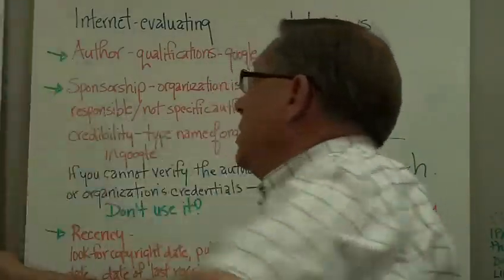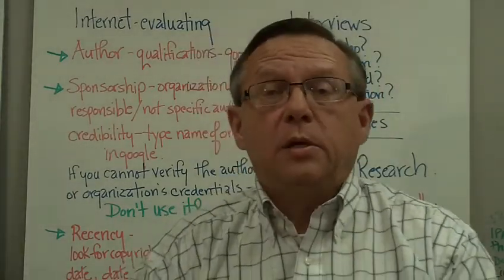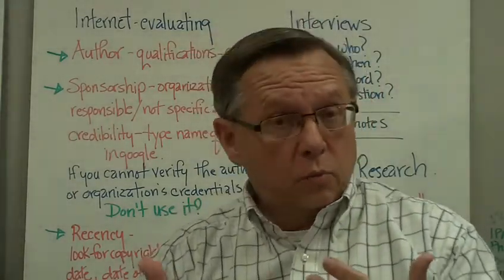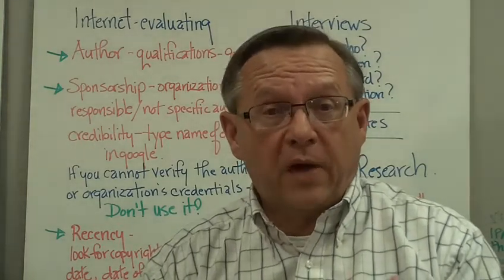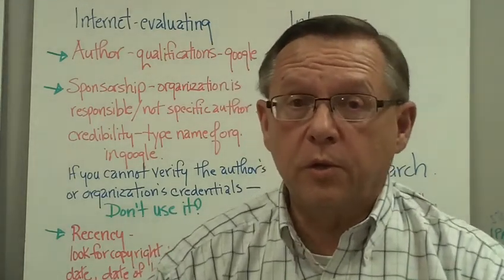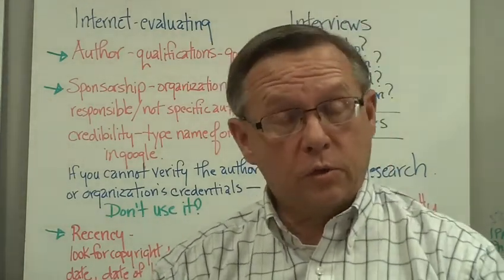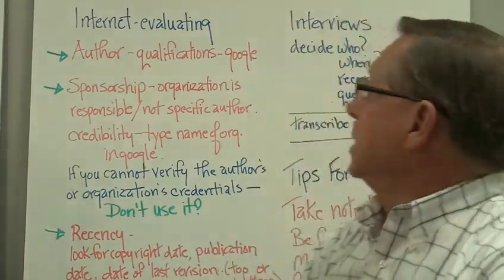So, let's talk about how we evaluate internet sites to see if they're reliable sites. They have to be sites that really have credentials, that are valid sites, that hopefully are unbiased sites and give us good information that we can use in our speech to ultimately influence others and inform others as well.